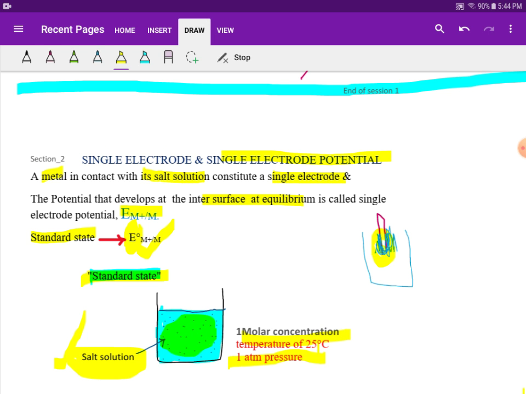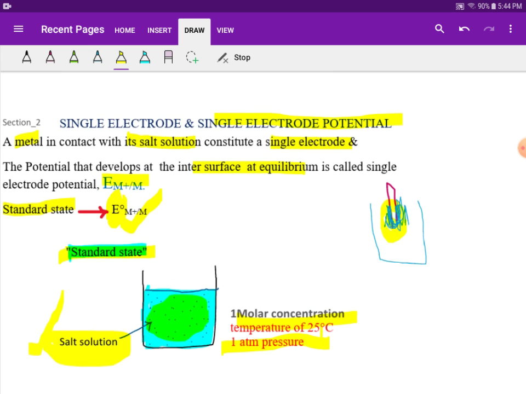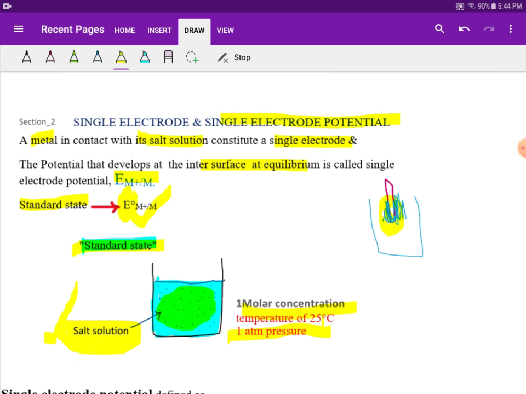So any salt solution in which the metal is in contact is of 1 molar concentration at a temperature of 25 degrees Celsius and 1 atmosphere pressure is called standard state. Then the single electrode potential developed is called E0.